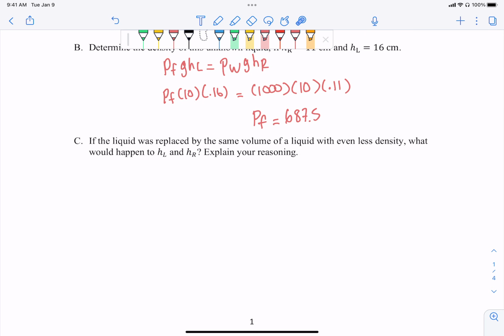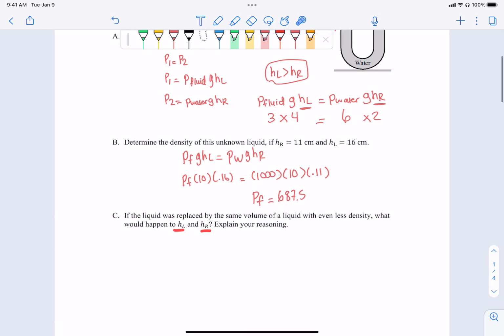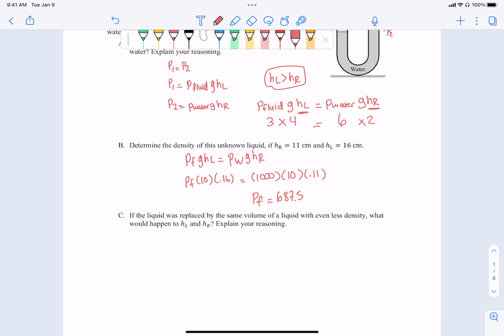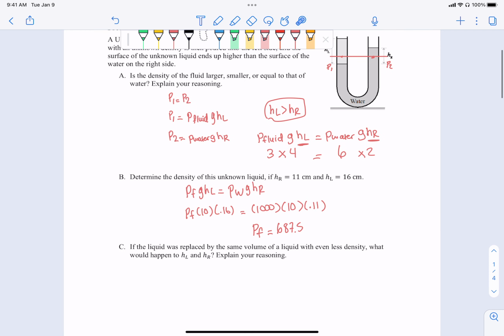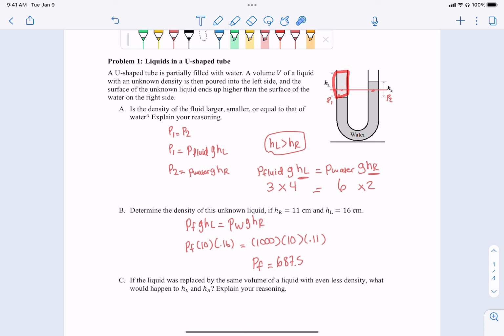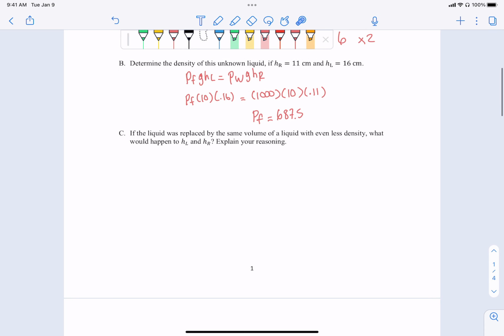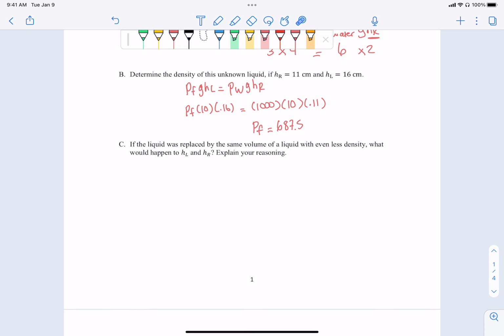Part C is asking us if the liquid was replaced by the same volume of a liquid with even less density, what would happen to HL and HR, and explain. So if we replaced this fluid with another fluid with even less density, what would happen to your HL and your HR? HR would increase.